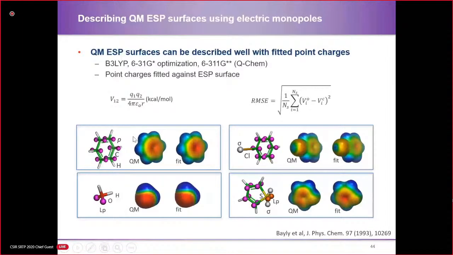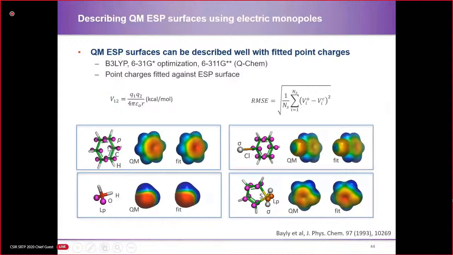So we had a model to fit these surfaces. The model was quite simple: we place partial charges on the atoms and also on non-atomic centers, for example, on the lone pairs or p orbitals or hydrogens. So we place partial charges, and then we solve this Coulomb equation, which will fit your surface nicely. So this is generated from the QM, and this is generated by fitting partial charges.